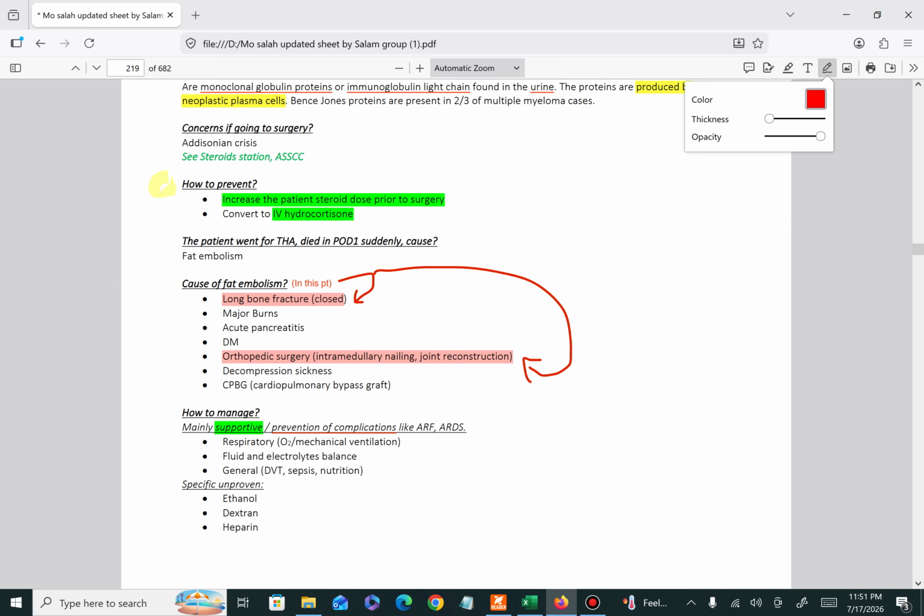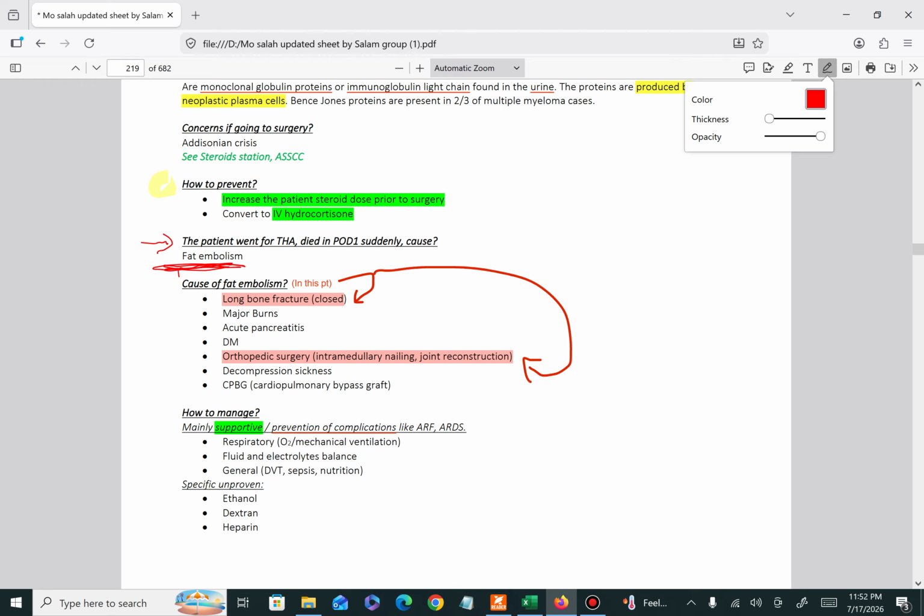The question is, the patient went for total hip replacement, THA, and died suddenly on post-op day 1. The cause is fat embolism.